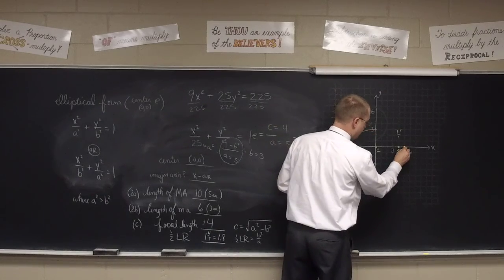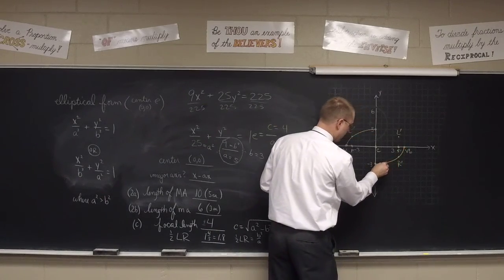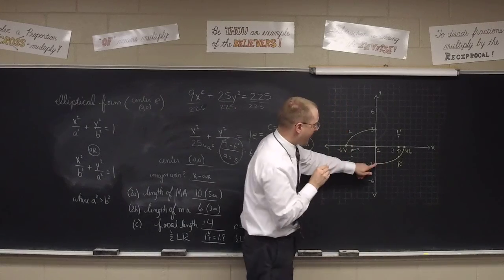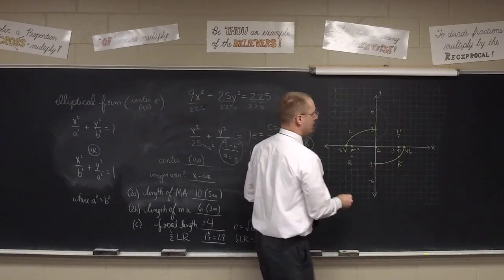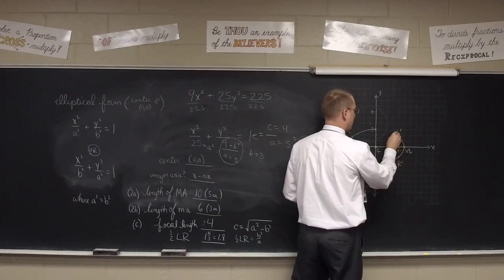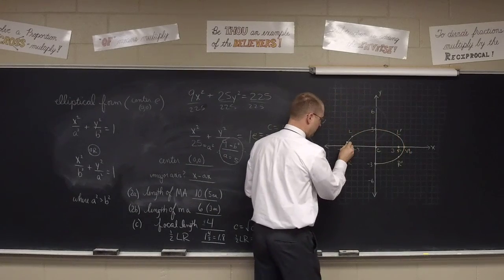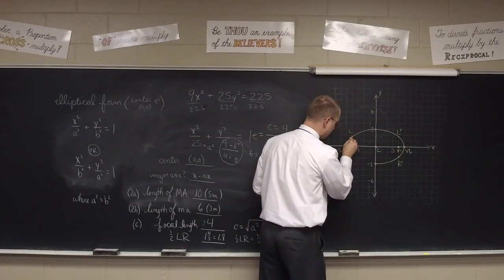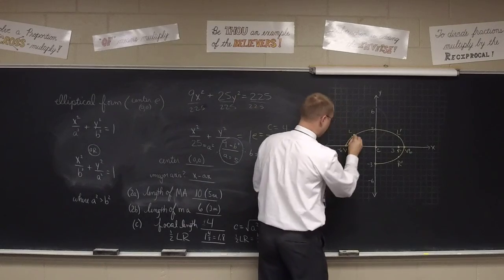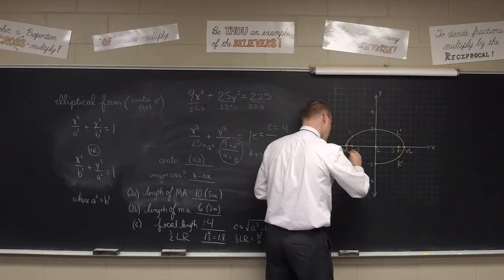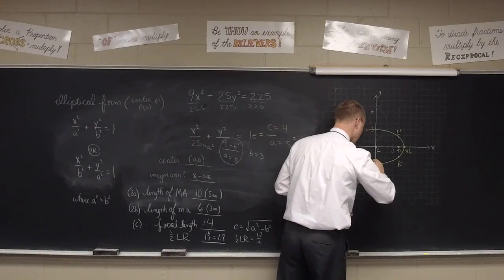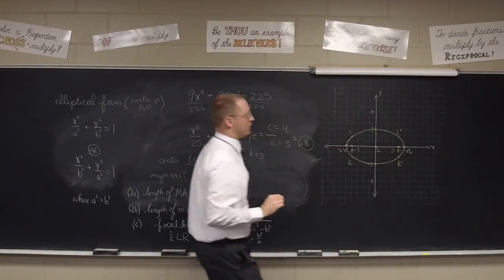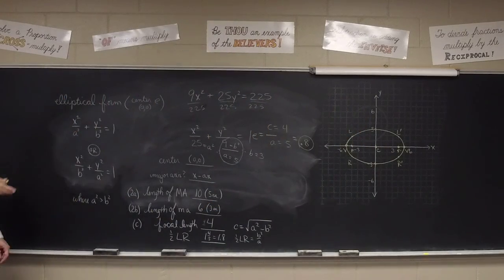We'll do the same thing here. And then come around like that. My hand covers the R, so it makes it really hard to see. And there we get our ellipse, very nicely, neatly drawn.